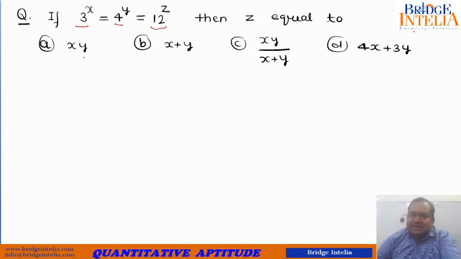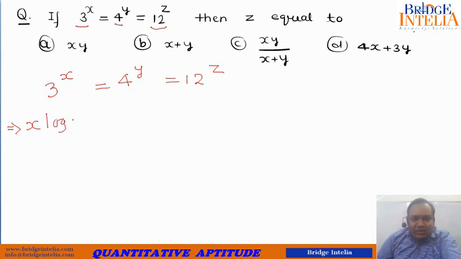So how to solve such questions? Let us see. It is given to us that 3 raised to power x is equal to 4 raised to power y is equal to 12 raised to power z. If you take log, then you can conclude that x log 3 must be equal to y log 4, which must be equal to z log 12.